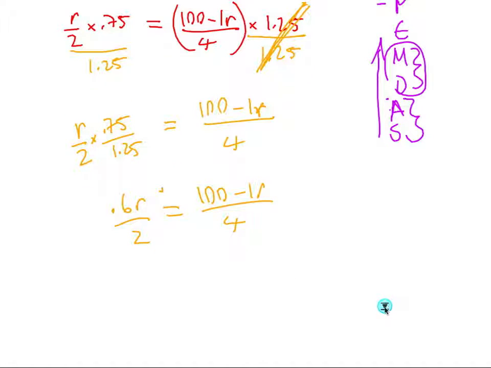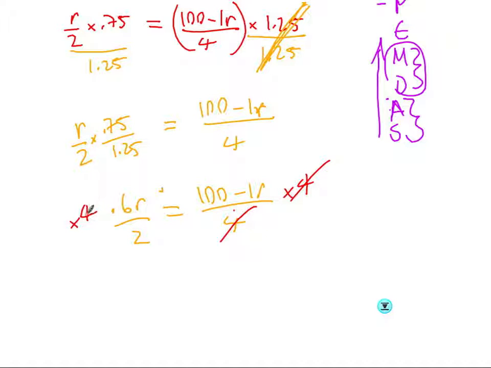Alright, so we got rid of everything outside of the fraction, but we still have the fraction to deal with. To get rid of the fraction, we need to take care of this 4 right here. So if we are dividing by 4, the inverse or the opposite of dividing by 4 is to multiply by 4. Now notice when we multiply here by 4, the top 4 cancels out with the bottom 4.